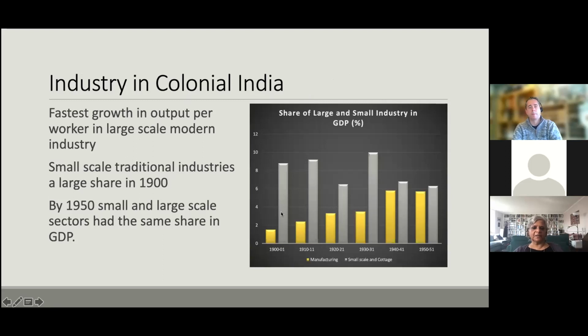And you can see from this graph that the large-scale sector was really quite small at the beginning of the 20th century. But by 1950, they were roughly the same. So the yellow bar was growing at a very fast rate during the colonial rule.